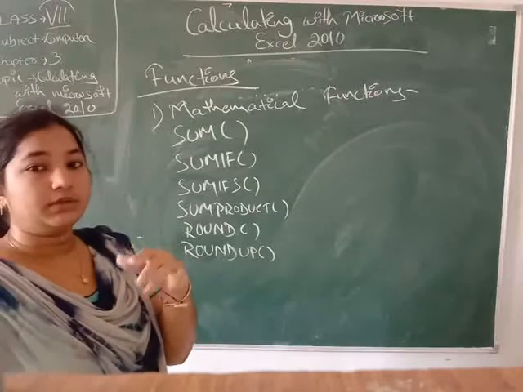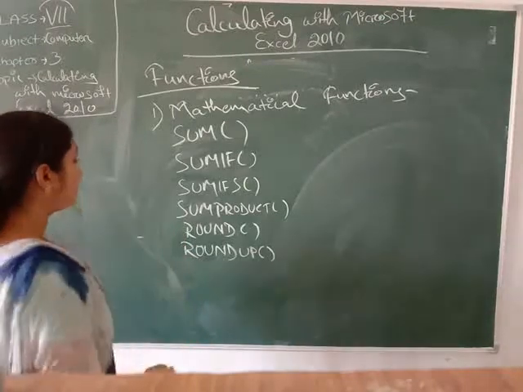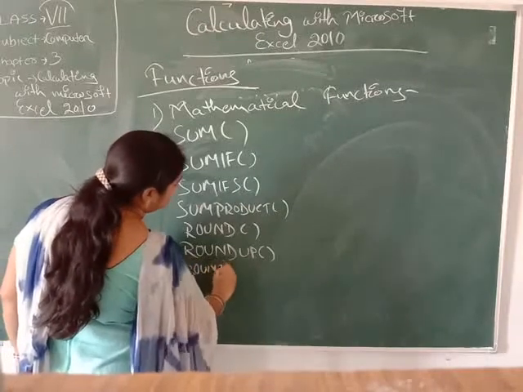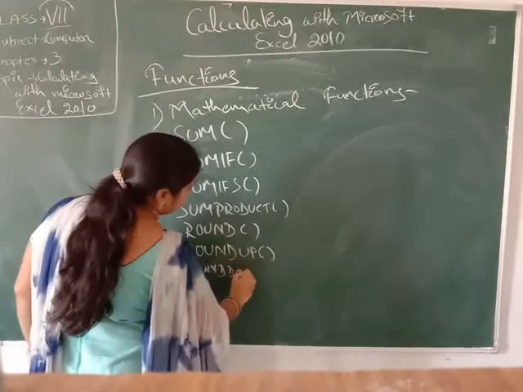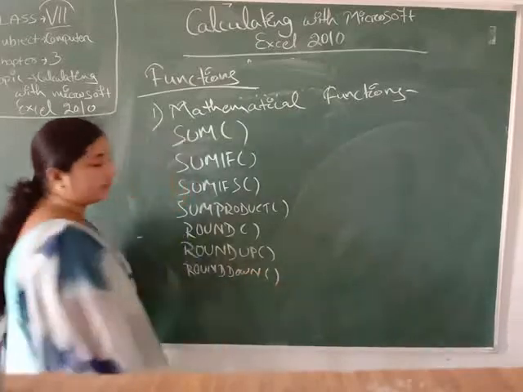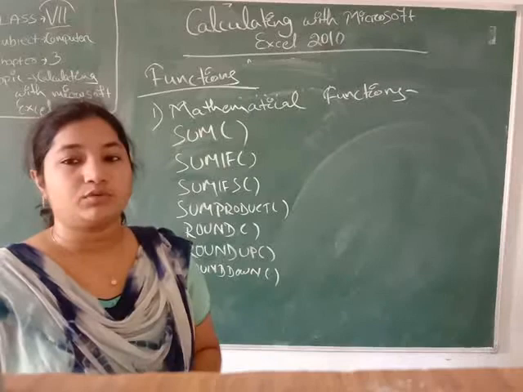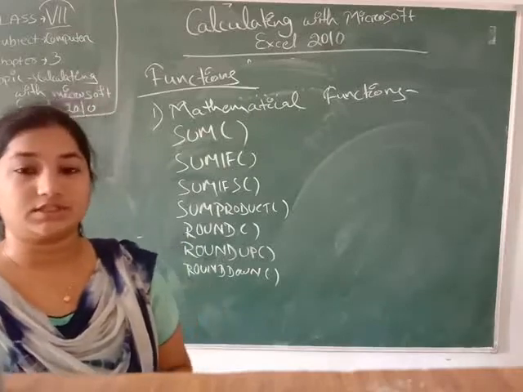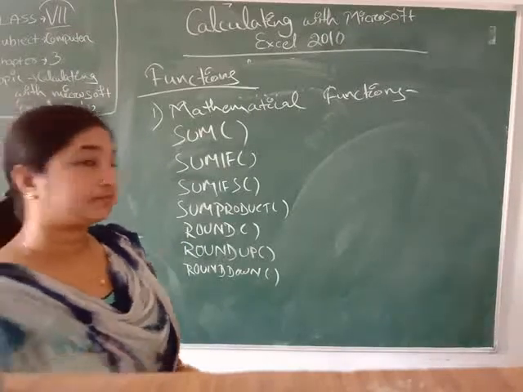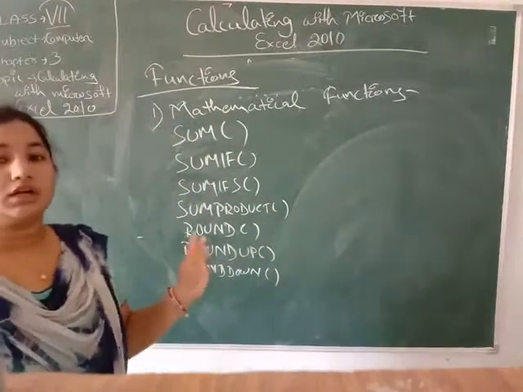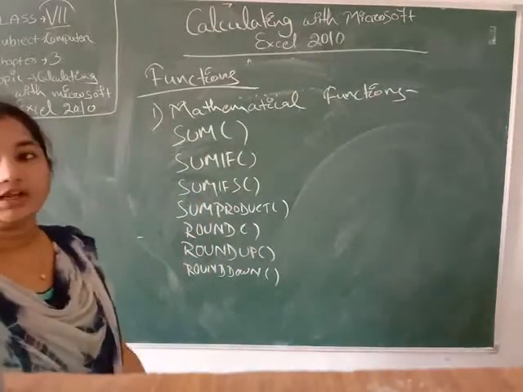It rounds the number off, and the next one is ROUNDDOWN. It rounds the number downwards, meaning it rounds the number down to a specific number of digits. This much we have to remember in mathematical functions.